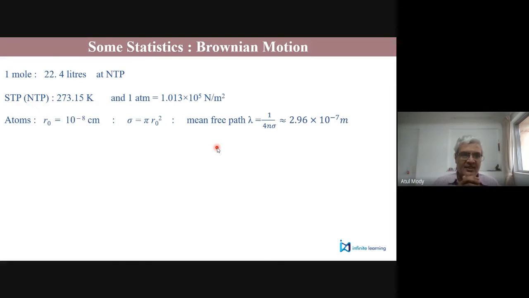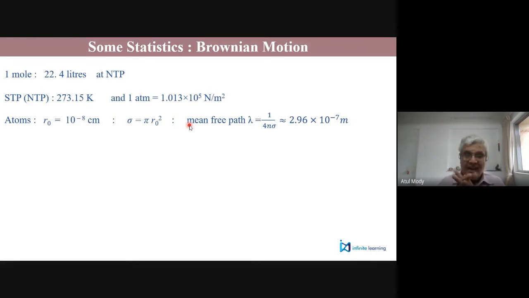If you take atomic size of the order of 1 angstrom, 10 raised to minus 8 centimeter, you can actually calculate this n. Sigma is of course the area. When the 2 atoms come close together, the interaction region area is pi r 0 square.